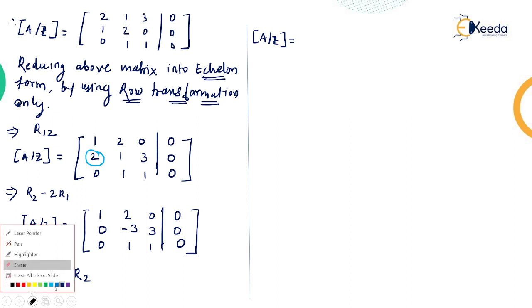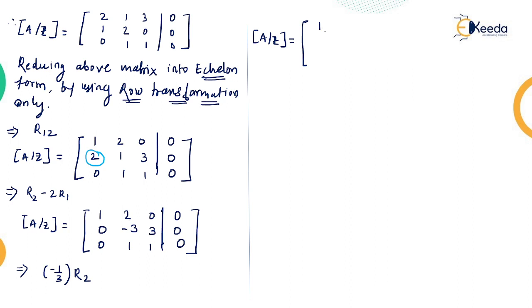So row R1 and R3 stay the same: 1 2 0 and 0, and the third row as it is, 0 1 1 and 0. The change is in the second row, multiplied by minus 1 by 3: 0 into minus 1 by 3 is 0, minus 3 into minus 1 by 3 becomes 1, the second term becomes minus 1, and here 0.